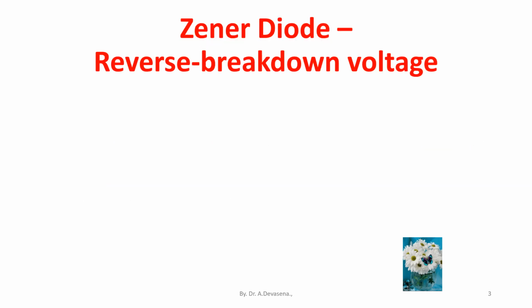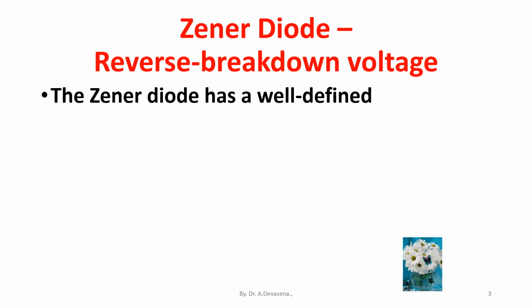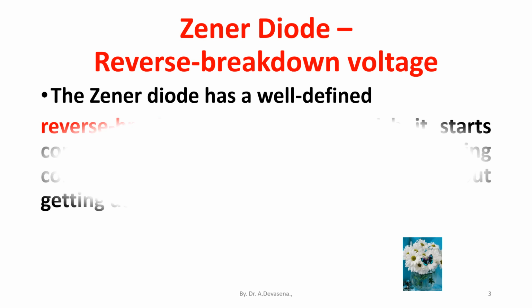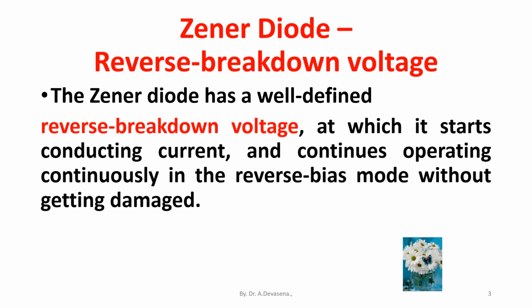Zener diode reverse breakdown voltage: the Zener diode has a well-defined reverse breakdown voltage at which it starts conducting current and continues operating continuously in the reverse bias mode without getting damaged.